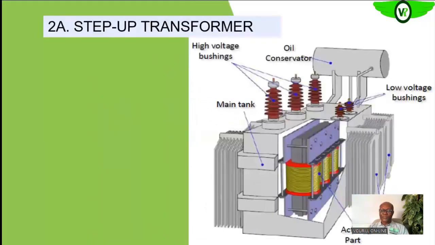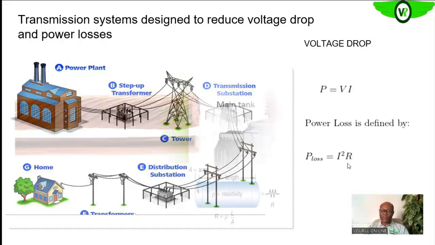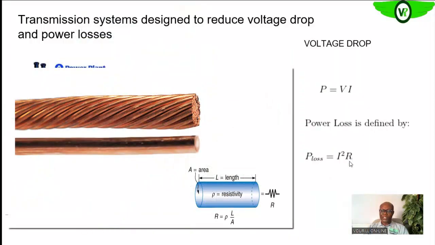Another way that we can reduce the power loss is by reducing R. And to reduce R, it means that we need to increase the cable size.